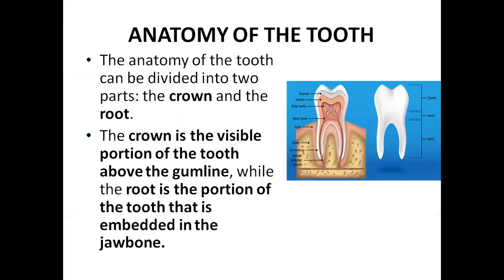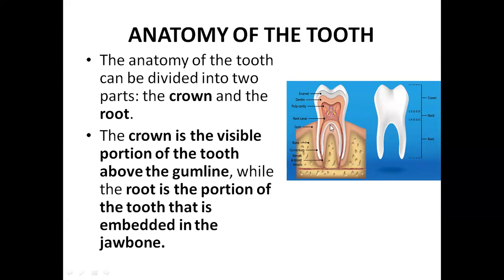So let's look at the anatomy of the tooth. The anatomy of the tooth can be divided into 2 parts, the crown and the root. The crown is the visible portion of the tooth above the gum line, right? So this part here above the gum line, that is the crown. That's what is labeled here. While the root is a portion of the tooth that is embedded in the jaw bone.